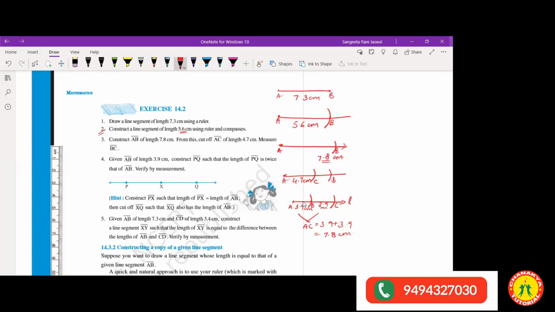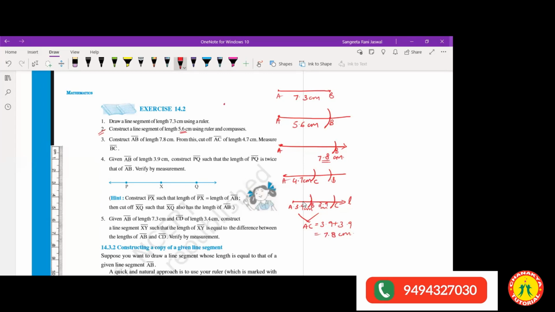Ma'am, when we mark any point on the line segment, do we have to draw an arc first? Yes. See, how do you get a point? When two lines meet somewhere, you get a unique point. By joining those points, you get a line. With just a single arc, you cannot get a point.